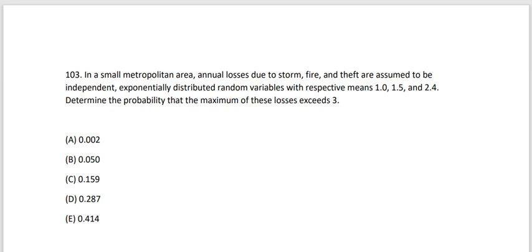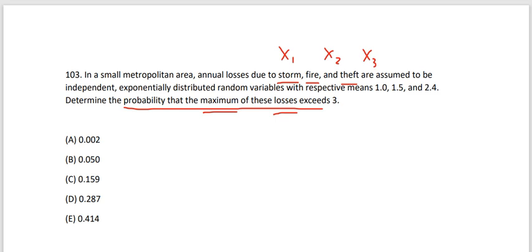So for problem 103, we want to determine the probability that the maximum of these losses exceeds 3. We have 3 losses like this, so we put them as X1, X2, X3.